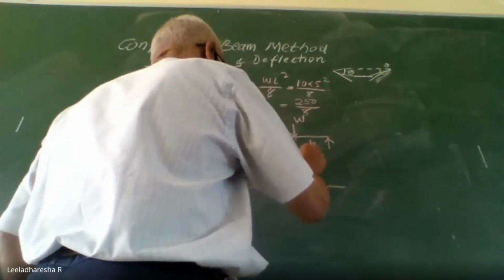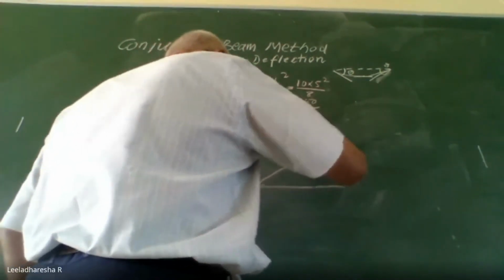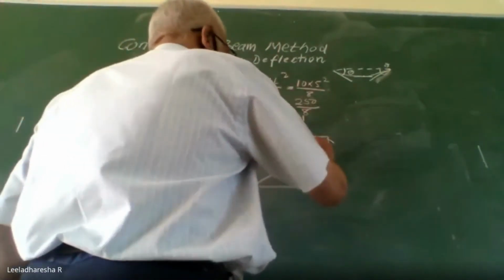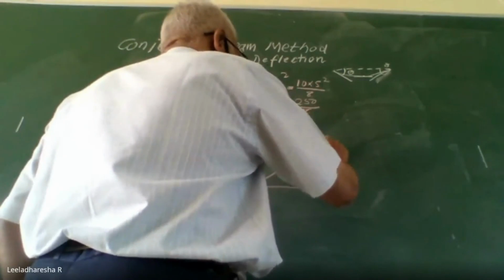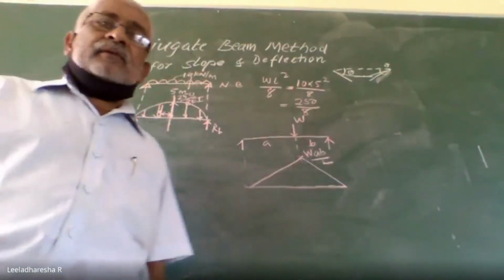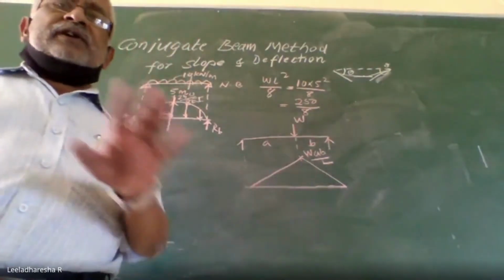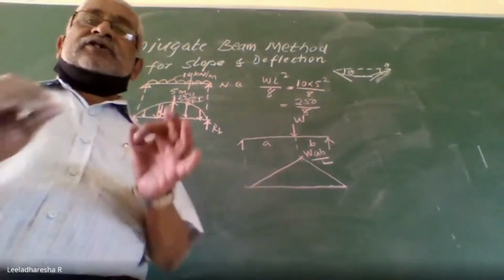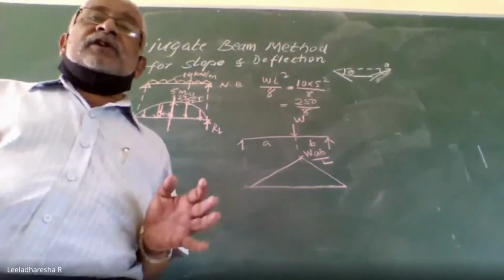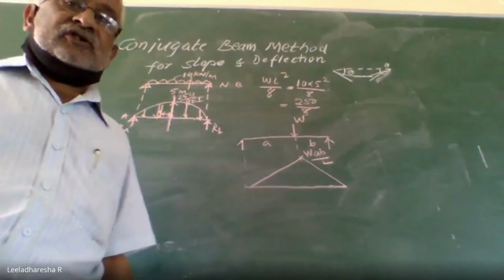And what will be its ordinate? See, these are very basic things from your strength of materials. W a b by L. Right. So, some of the very basic things you just need to remember and apply in determining the flexibility matrix.